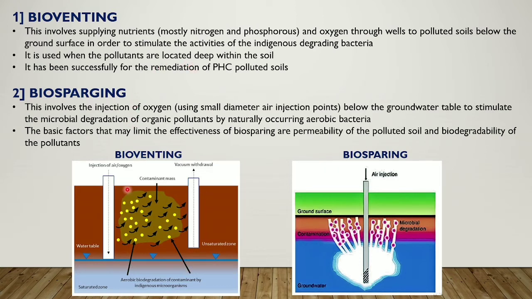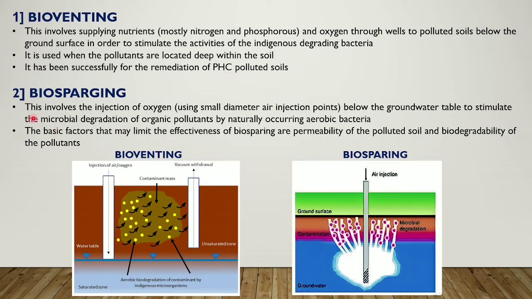So, the pollutants are generally present deep within the soil, and it is used for remediation of PHC polluted soils. The full form of PHC is petroleum hydrocarbons. As we know that the oil industry spills PHC in the water source, which results in groundwater contamination. So by this technique, the contaminated groundwater can be treated.